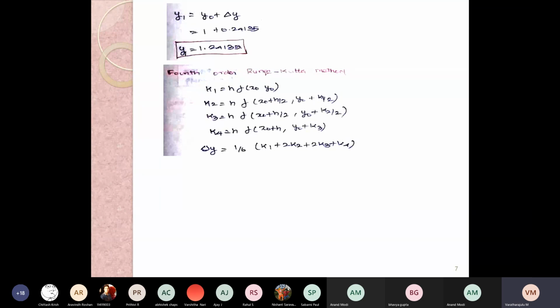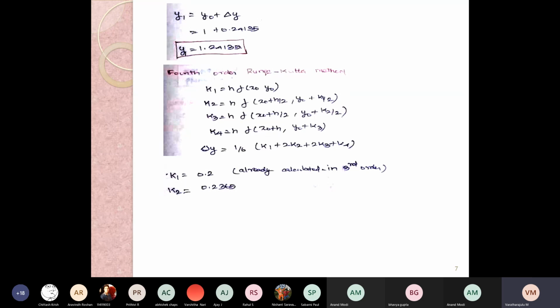Yes, we can take K1, K2 from the third order, but don't take the K3 value from the third order, because we have different formulas. Our K3 in fourth order is h into f of x0 plus h by 2, y0 plus k2 by 2, which is similar to that of K2, and we will calculate the K3 value.